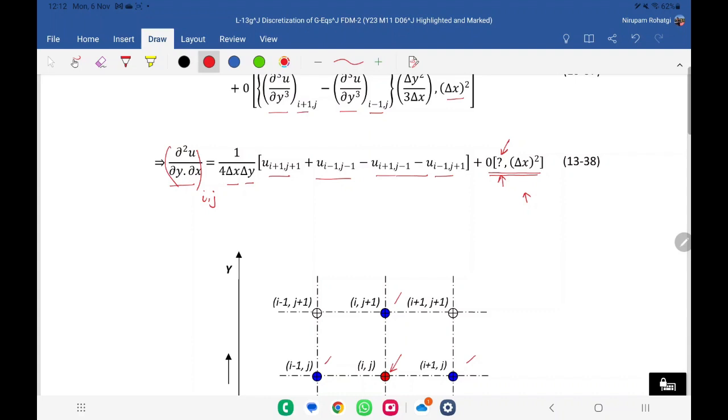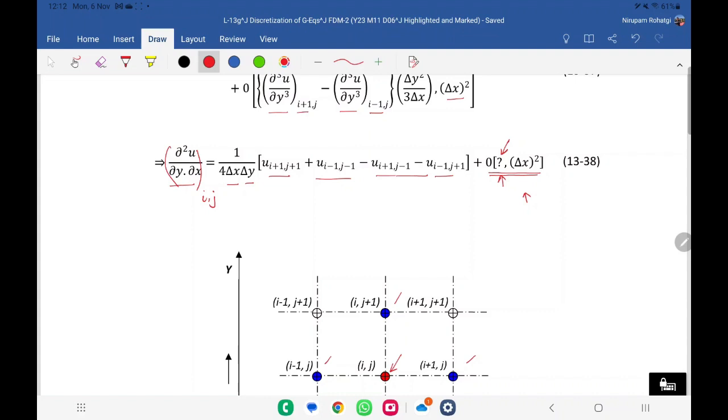And for all of them, all the 4 which we have done, 4 or 5 we have done. First order forward difference, first order backward difference, first order central difference, second order of second derivative, central difference of second derivative, and now this is again central difference, and you can say second order central difference of mixed derivative.